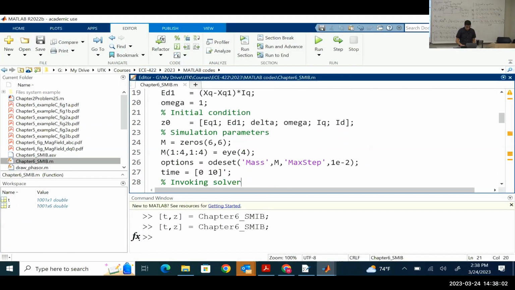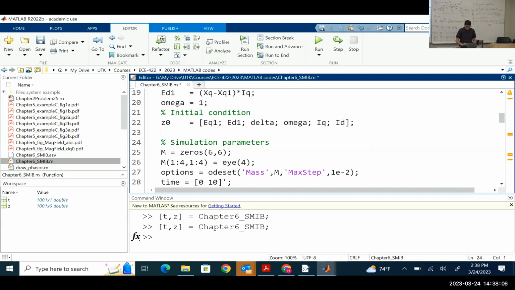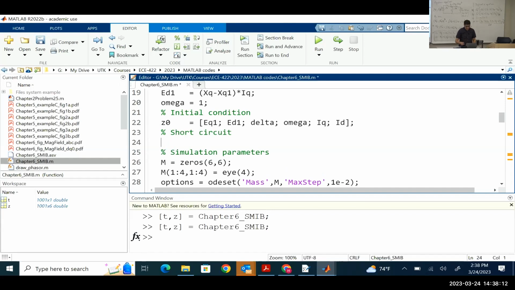So we have the initial condition, and here we're going to apply the short circuit. And we're going to simulate this for some clearing time. I think that I said 0.1 second.